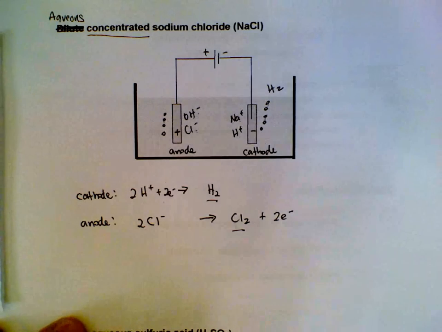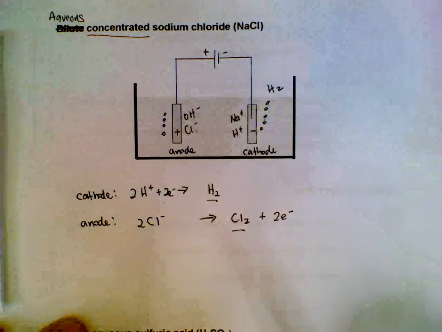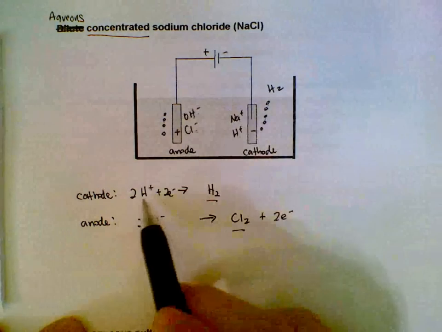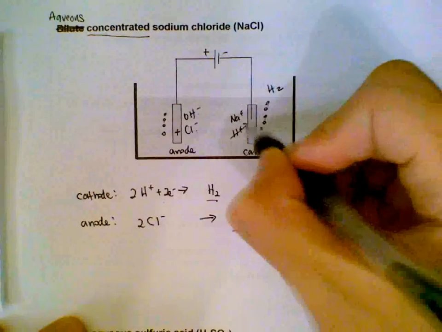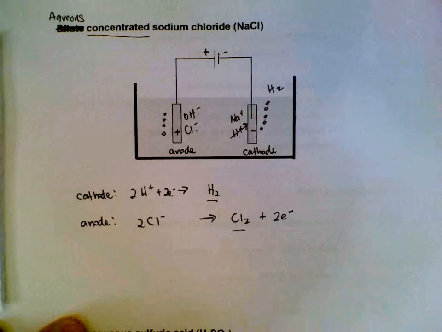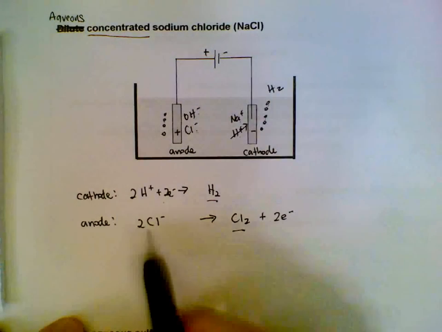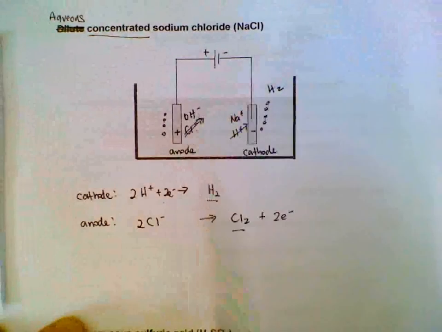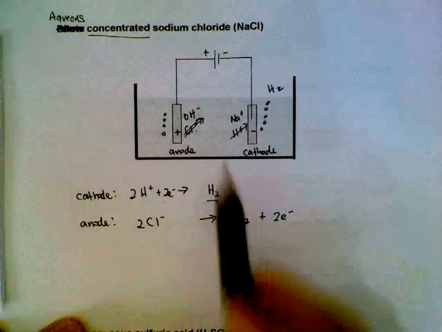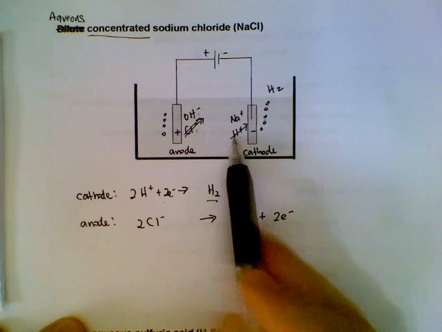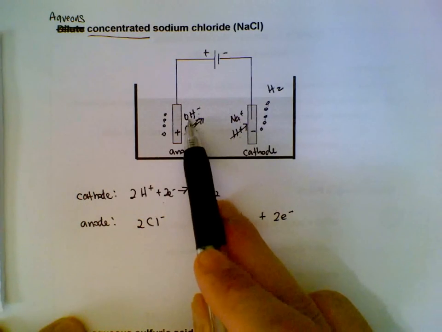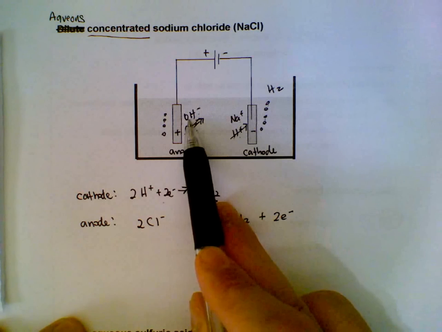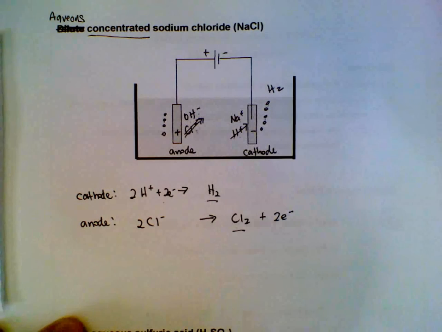What happens to the electrolyte? At the cathode, we are removing H+. At the anode, we are removing chlorides. So you can see that we remove H+, there will be an imbalance where hydroxide ions will be more concentrated than H+ ions.